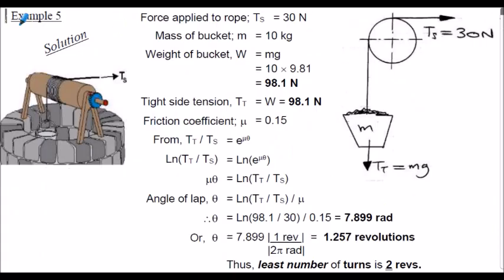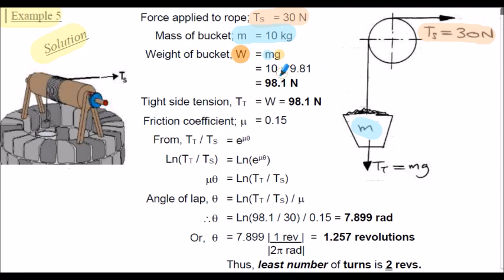So here's example 5, the full worked solution. Extracting the information from the question, we know that Ts, the force applied to the rope, is 30 newtons. We're given the mass of the bucket to be raised, which is 10 kilograms. So what we'll need to do is calculate the weight of the bucket, labelled W here, which is the mass multiplied by gravitational acceleration, to calculate the tight side tension of the rope.